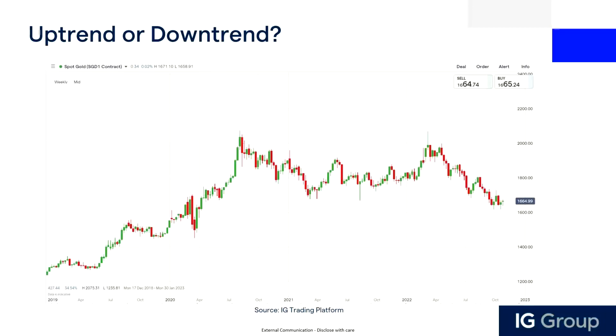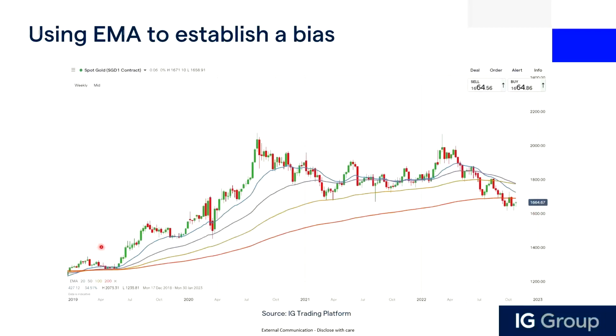Okay, so if we really want to tell the trend, what we can do is add in the moving average line, because sometimes with the human eye, when we just look at it from one view and we don't scroll to look at historical prices or zoom out on the chart, it's a bit hard to tell. So we add in the moving average line. You can see that actually prior to this, it was an uptrend.